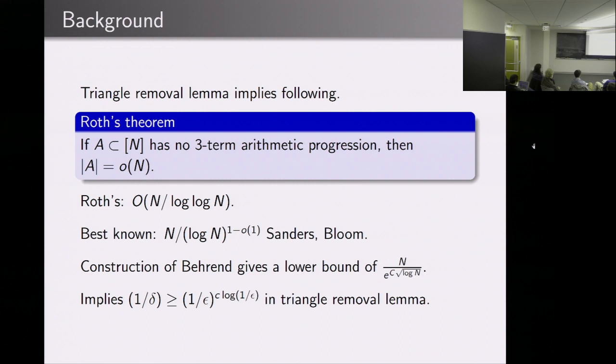So when I say upper bound, I mean an upper bound on 1 over delta as a function of 1 over epsilon, which is proving something good, and giving a lower bound is giving a construction saying that it can't be that good. 1 over delta has to be big enough, so delta has to be pretty small still. And so this gives the best currently known bound for the triangle removal lemma, showing that it's super polynomial, although barely super polynomial.